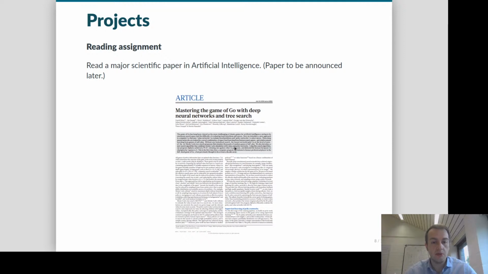This is maybe not something you've done before, but I think it's a really good exercise. I will try to select a paper which is relevant with respect to what we see during the lectures. You will not have to summarize or write something about the paper, but you will have some questions during the exam about that paper. Usually these questions will be part of the multiple choice questions.